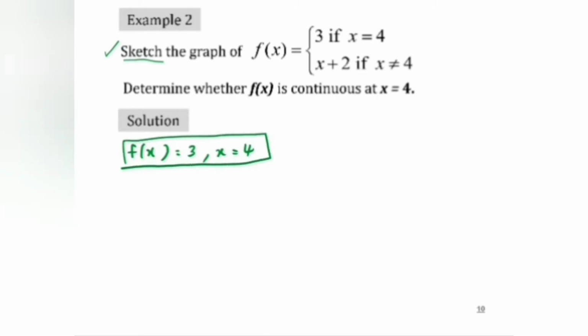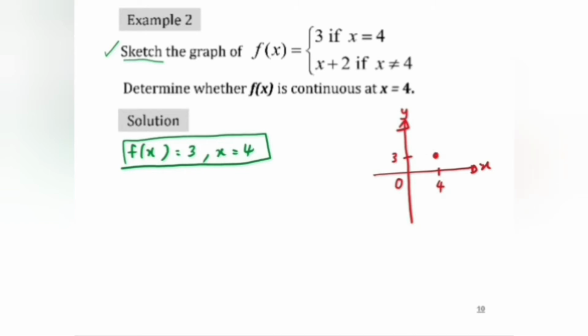This is a constant function, so we may draw the graph first. Draw the x-axis, y-axis, then 0 in the middle. So when x is 4, f(x) is 3. It should be a dot.